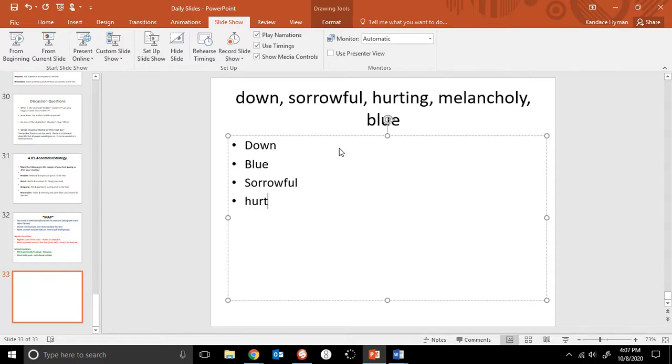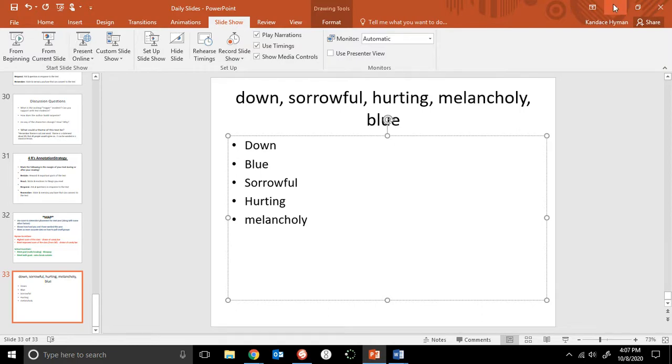And maybe then hurting. And then the most, melancholy. All right, so in order of the most positive connotation to the most negative connotation, I have down and then blue and then sorrowful and then hurting and then melancholy.